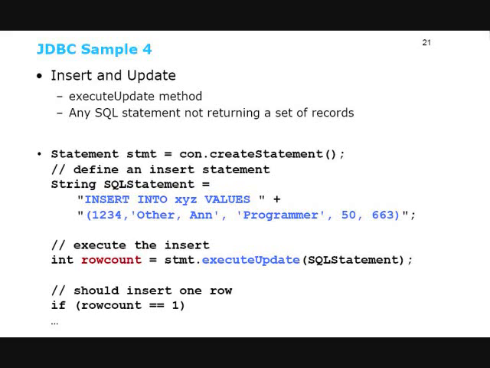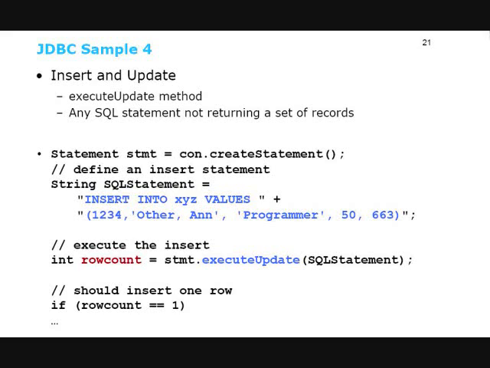The only difference is that if I execute an insert or an update statement, what is returned is not a result set, it's an integer telling me how many rows have been affected by this statement. So I'm going to have returned an integer value, which tells me how many rows were inserted or updated. I'm going to call it rowCount, declared as an integer. The way to call that statement is through executeUpdate instead of executeQuery.